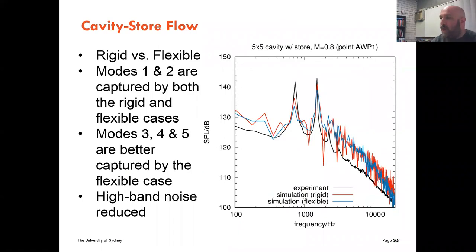And when we compare the result with the experiment, with a rigid structure and a flexible structure, the motion of the structure is very, very small, so you can't see a lot of difference in this case. Whether this is a structural mode that pops up, it would probably require a lot more time steps to dictate whether that's true or not.